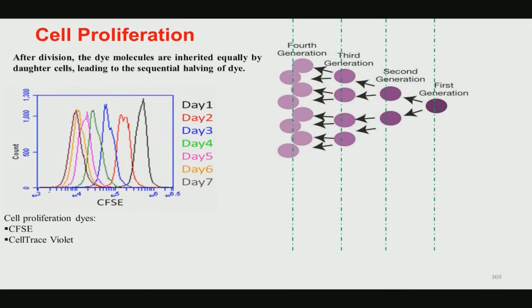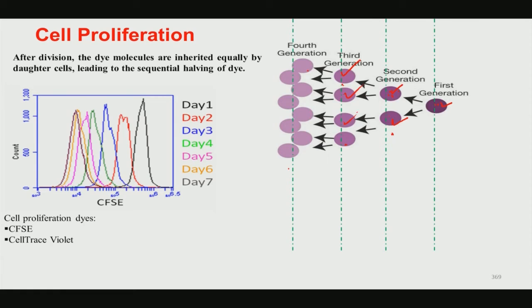Now, in the context of cell proliferation, you see the first generation goes 1 to 2, then 2 to 4, then 4 to 16. Each time, if you use certain dyes, their intensity gets halved, because when a cell goes from 1 to 2, the dye is now shared by 2 cells instead of 1 cell. So if you measure the intensity, it should be halved.